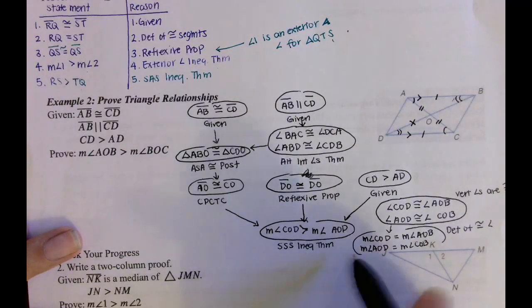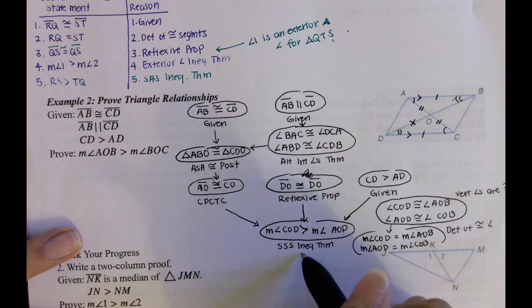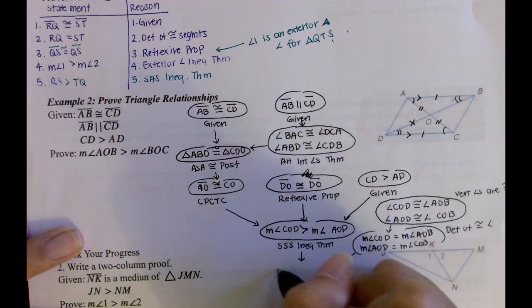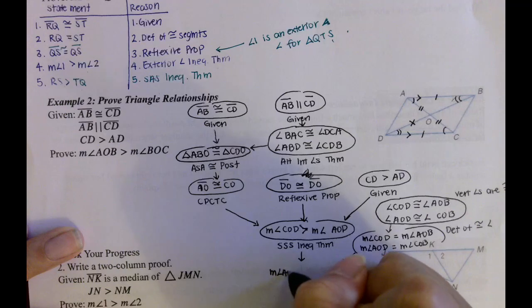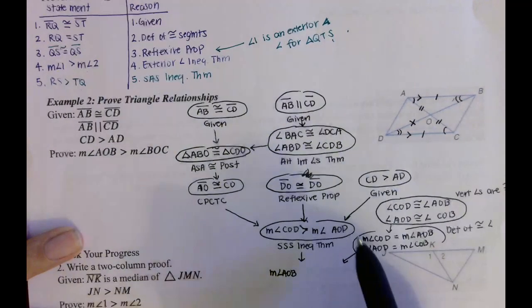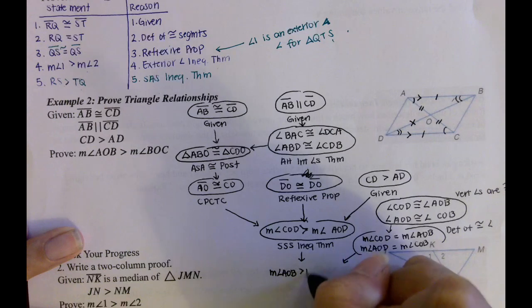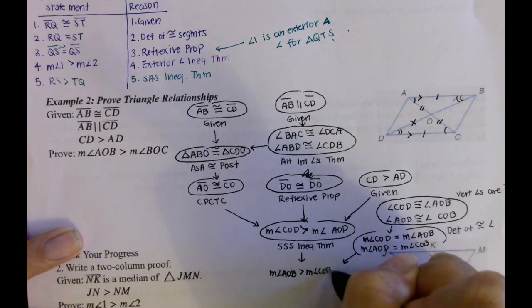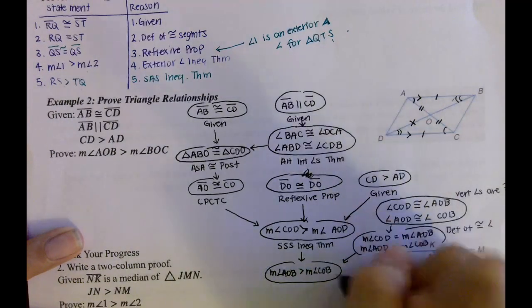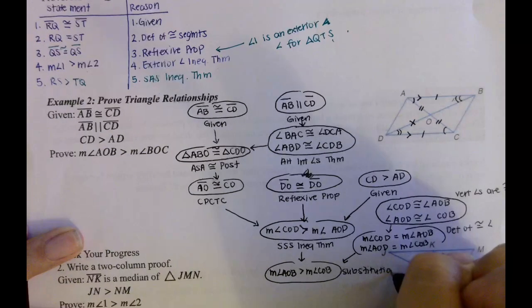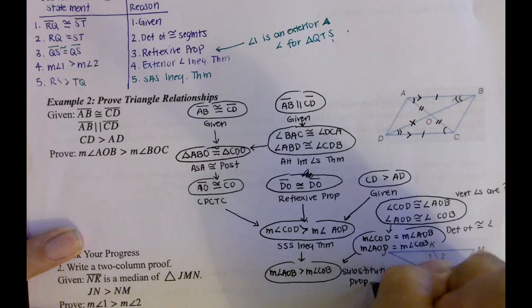And then from this to this, I can replace COD with AOB. And I can replace AOD with COB. And this is the substitution property. So that was a lot.